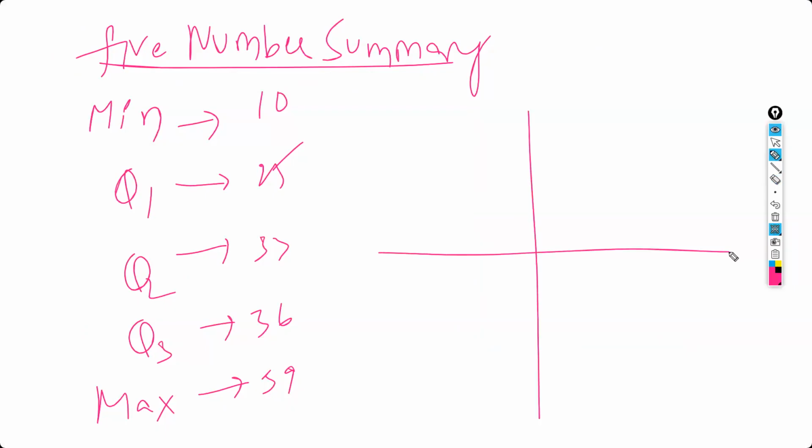Now in the graph sheet, wherever the minimum value of 10 is, somewhere on the Y axis 10 will be there. At this value, you have to draw one line for the minimum value. This is 10, which is nothing but the minimum value. Now 25, wherever 25 is, you have to draw one more line, which is the Q1 value.